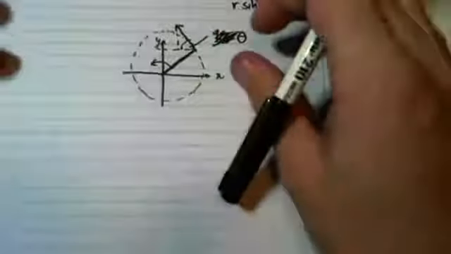we know the definition of velocity is the time rate of change of displacement, so dr on dt.